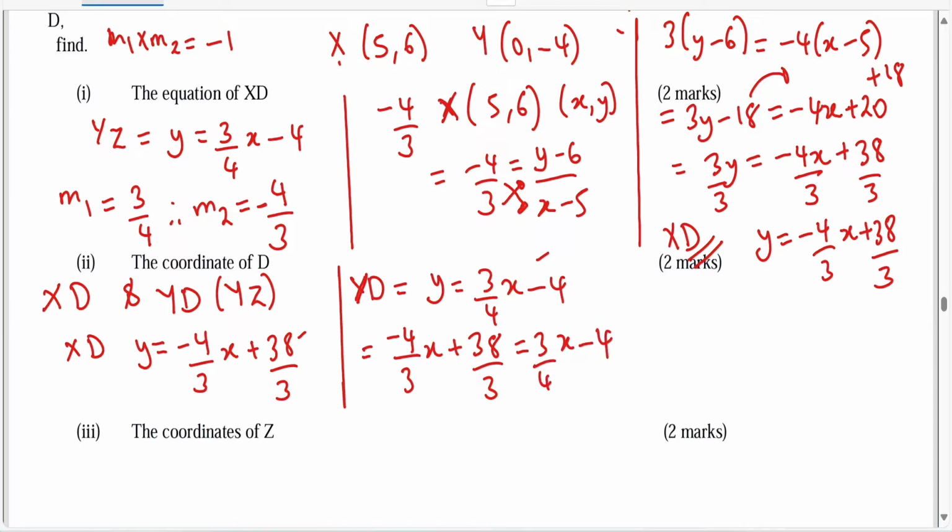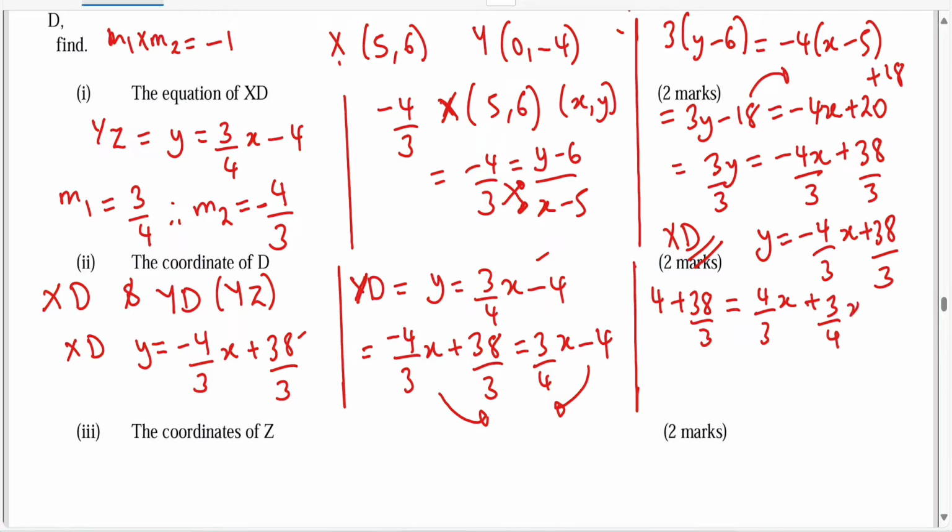So collect the like terms. Move the negative 4 to the other side, and negative 4 over 3x to the other side. So positive 4 plus 38 over 3 is equal to positive 4 over 3x plus 3 over 4x.